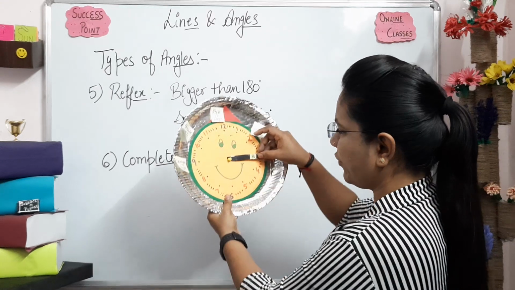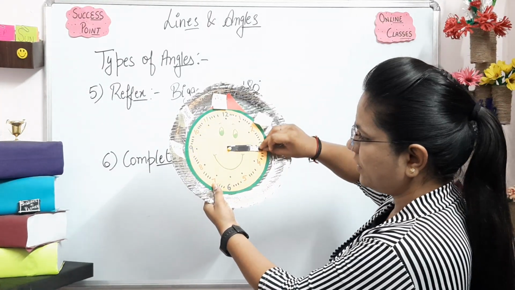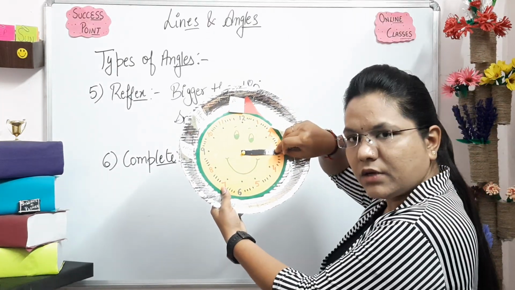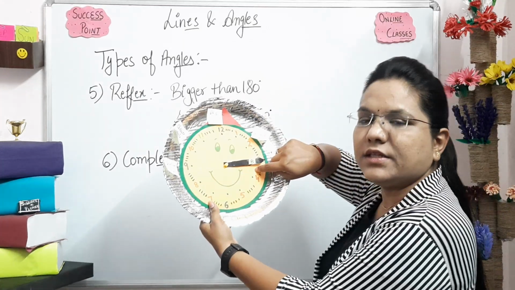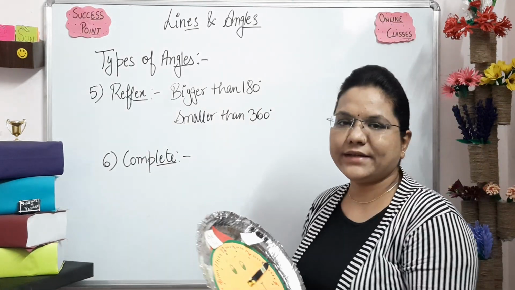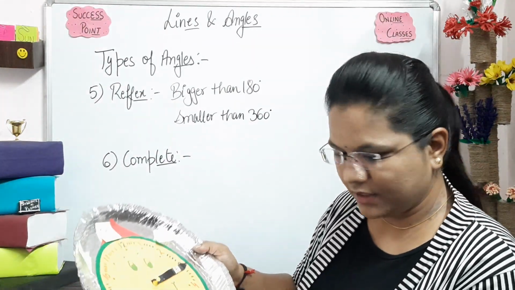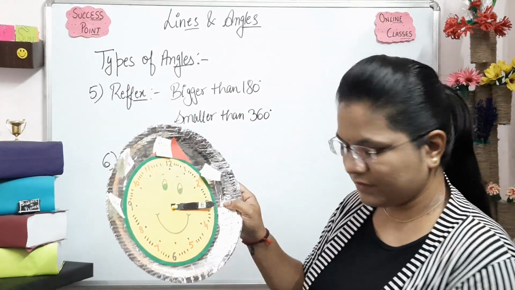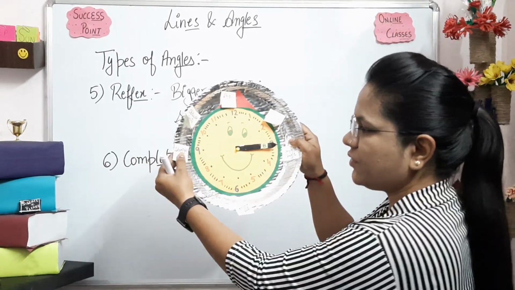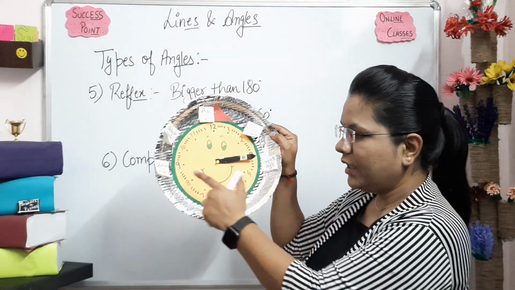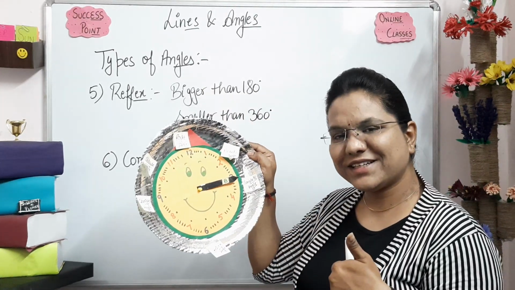If we start from point 0, moving in this form, creating a circle or a round, we will call it from 0 degree to 360. This one we will call complete angle. Okay? So let's give it the name complete angle. It will start from 0 degree, and in between straight angle and complete angle, all these angles will be reflex angle.